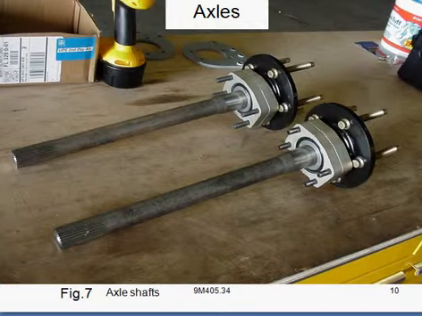And these are the two axles. This is the front axle and this is the rear axle. These axles act as a beam for the weight of the vehicle, and one end of the axle is connected to the differential and the other end is connected to the wheel.